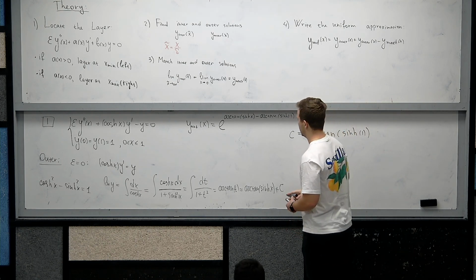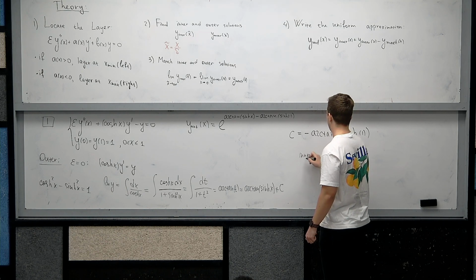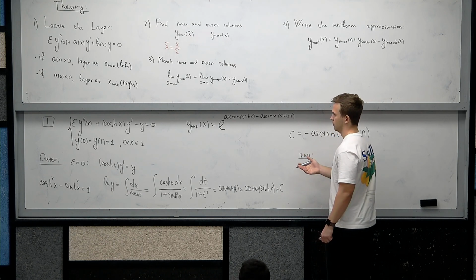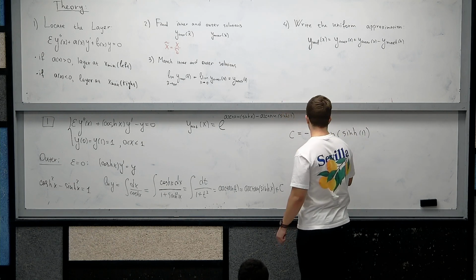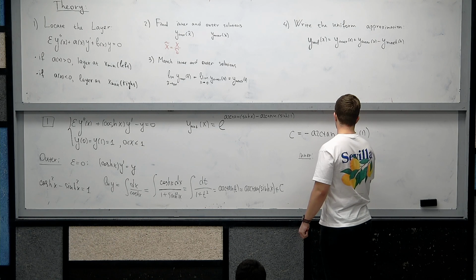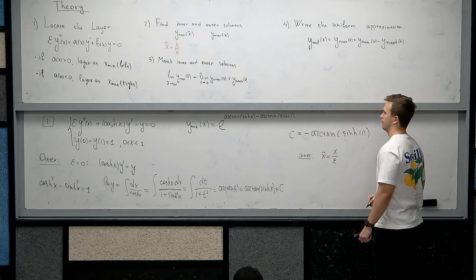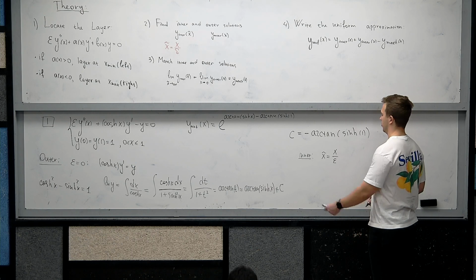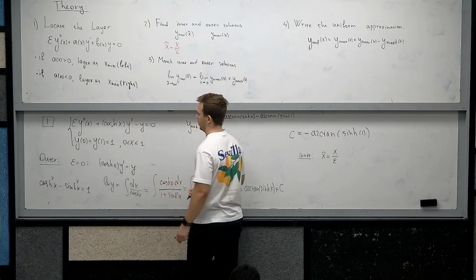Okay. Now let's find the inner solution. I need to rescale my x variable: x equals epsilon x tilde. And rewrite this equation in terms of the new variable.